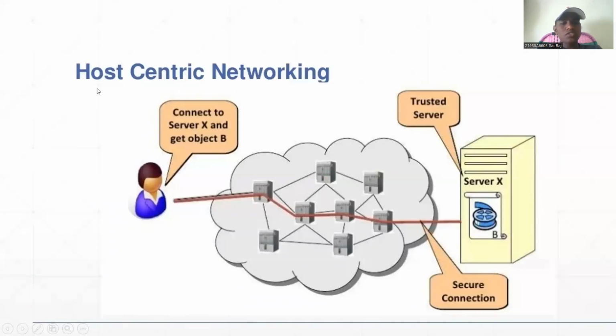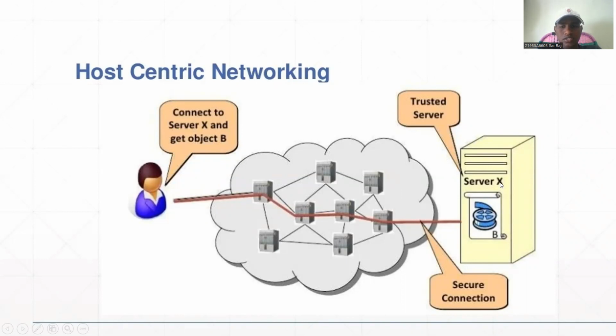Here we can see host-centric networking. If we observe, connect to server X for object B. Here the object B is there, and this is the server. So we should connect by a secure connection so that the data can be transferred. Here the server is there and the object is there, and the client requests the data.